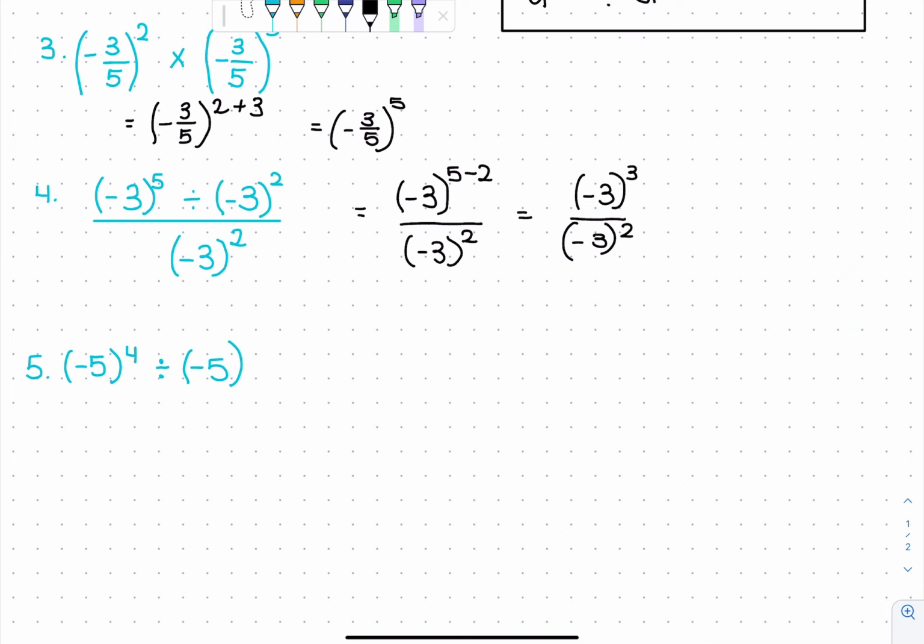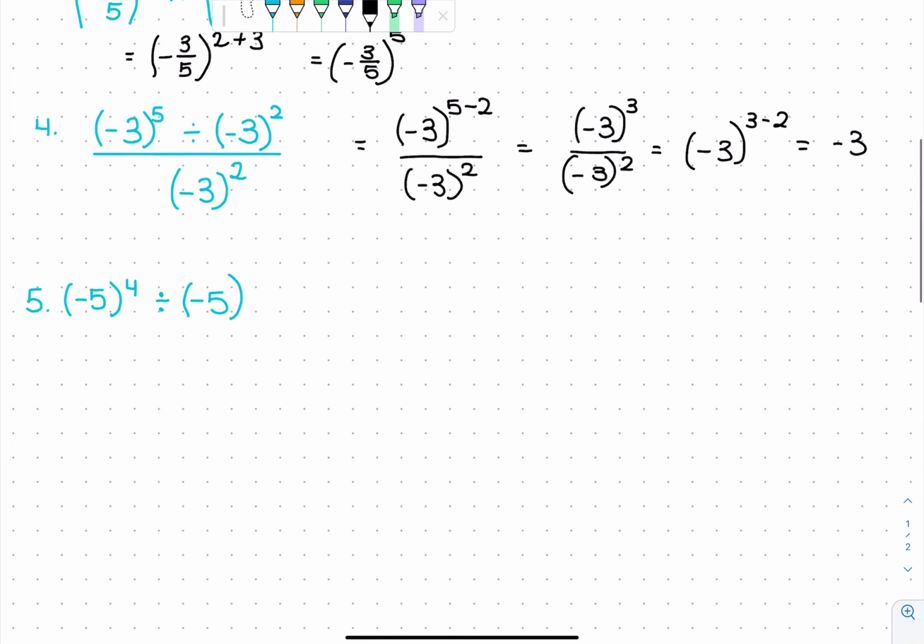So right now we can do the exact same thing, but instead we're going to have negative 3 to the power of 3 minus 2. And that is because it was this subtracting this. And then finally we can just write it single. So negative 3 is actually to the power of 1, but we do not need to write that, so we can just leave it like this.